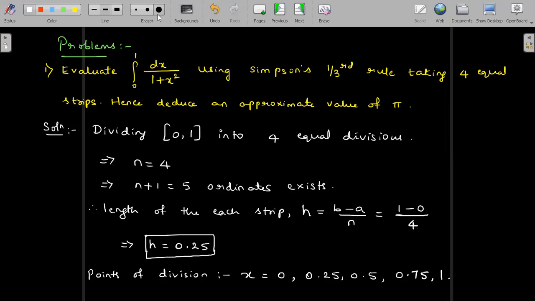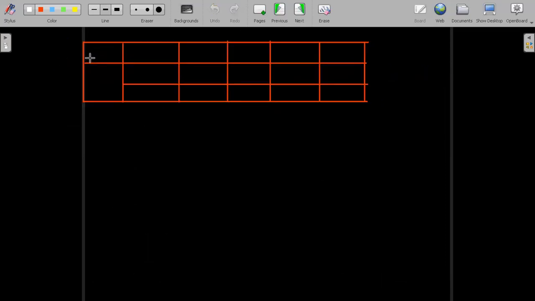So we need to now frame a table. Let us frame the table and tabulate all the values. So we have x values, starting from 0 in steps of 0.25: 0.25, 0.5, 0.75, and finally 1. And we have the function y, given by 1 divided by 1 plus x square.